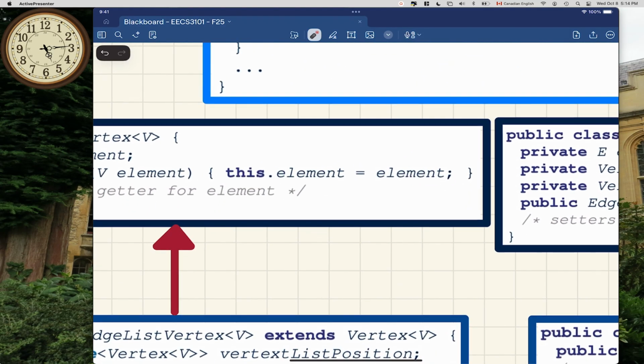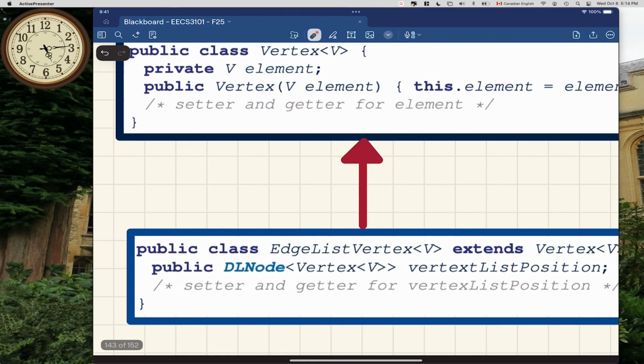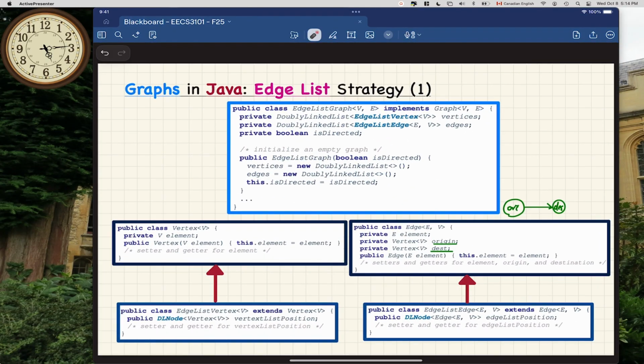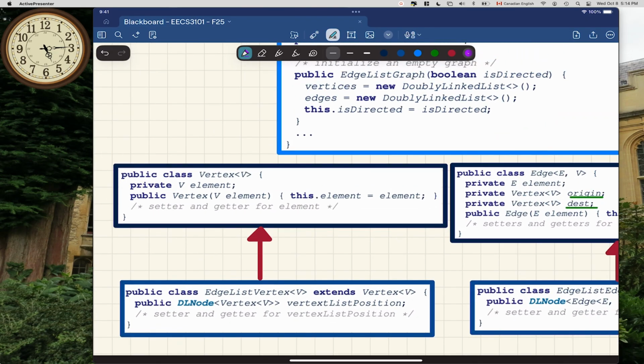And the implementation strategy that we're talking about is called edge list. So this is a strategy we're going to learn first. So this is strategy number one we're going to learn about implementing a graph. There will be three in total, but for today, just one, edge list. We have a special class, like a subclass, called edge list vertex.